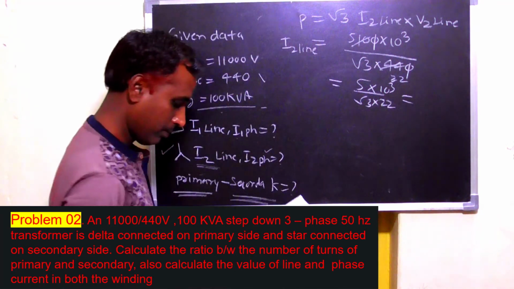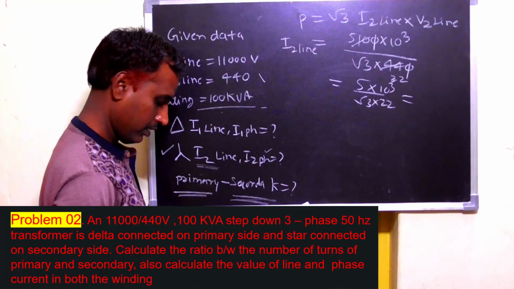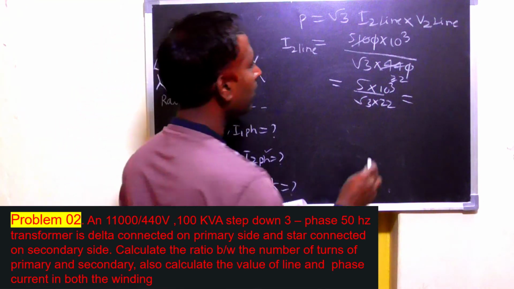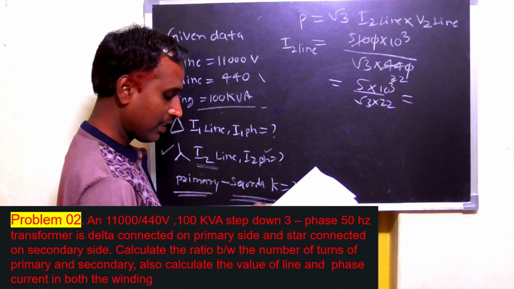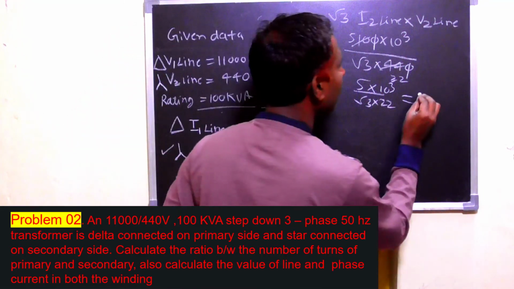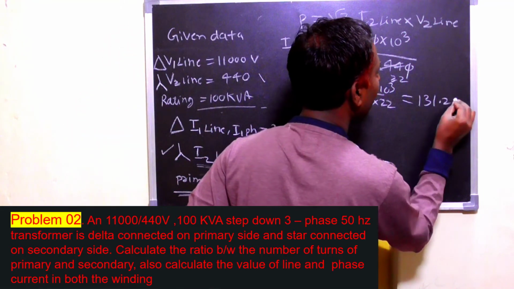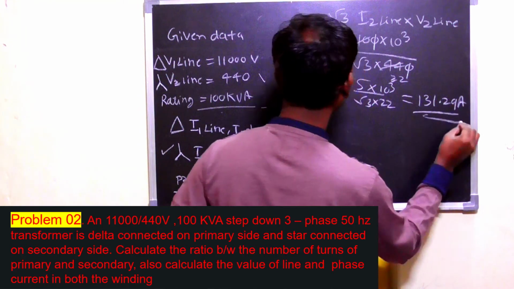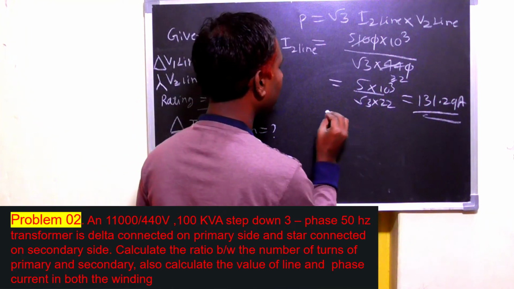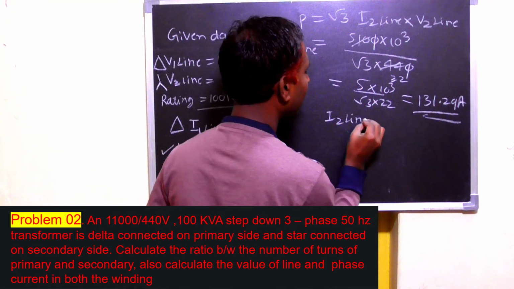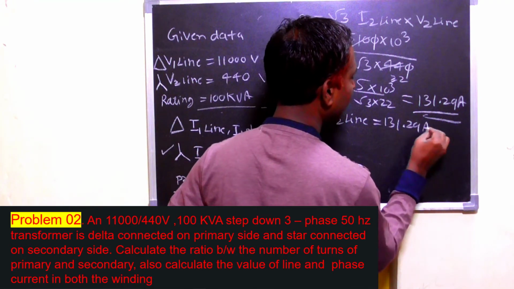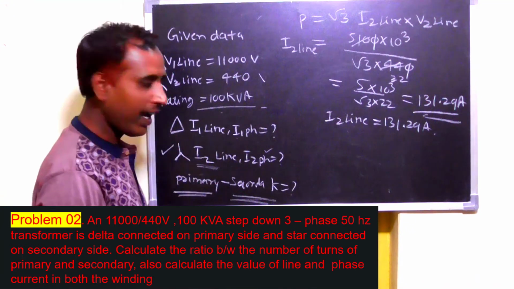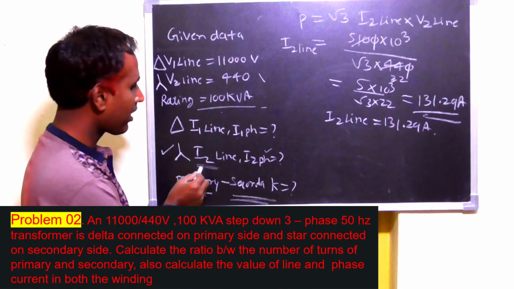This is 5,000 divided by this one. If I solve this, I will get 131.29 ampere. This is the I2 line current, 131.29 ampere.